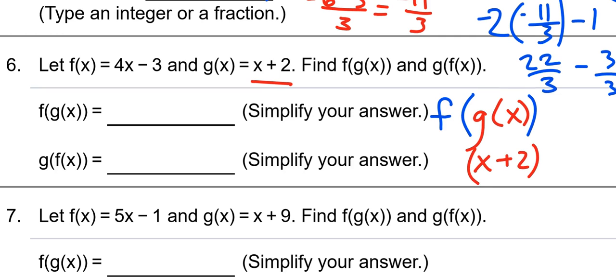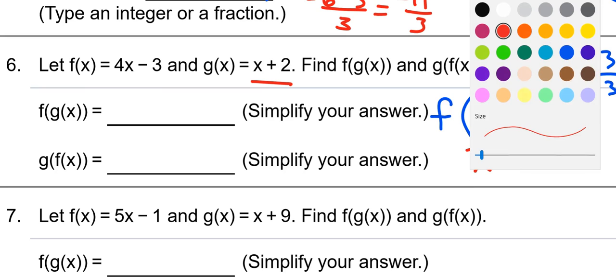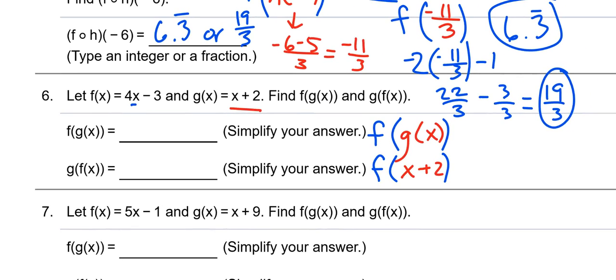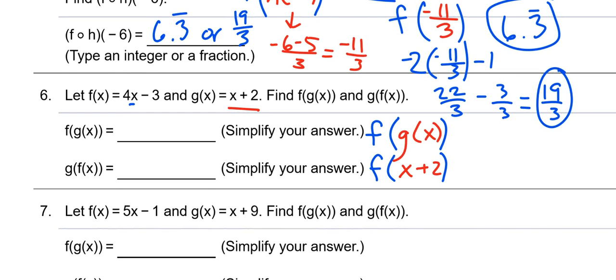So this question, let's use my colors the same way I've been doing. The first question here is asking me to replace every x with an x plus 2. So that means 4 times something minus 3, and we're replacing it with x plus 2.